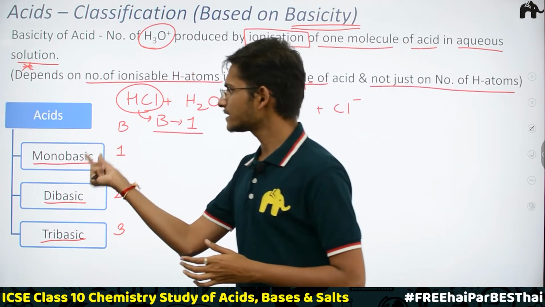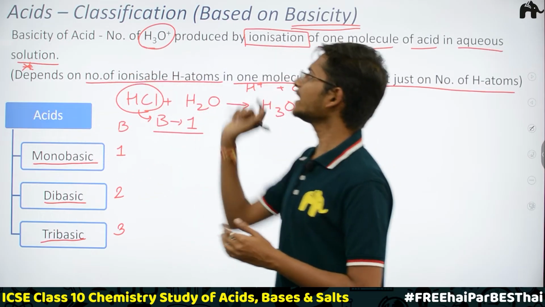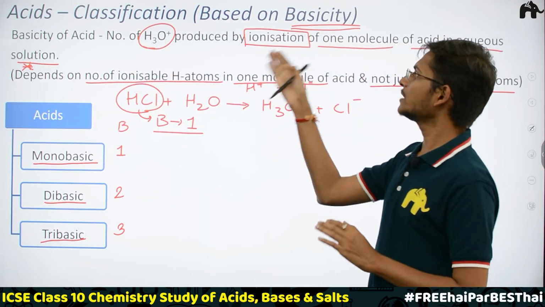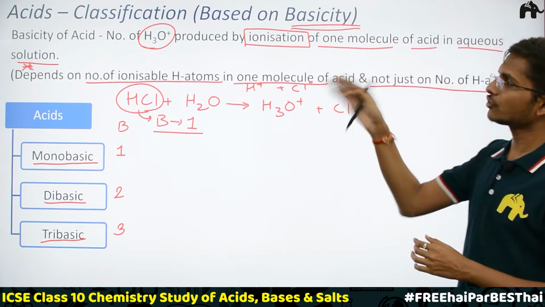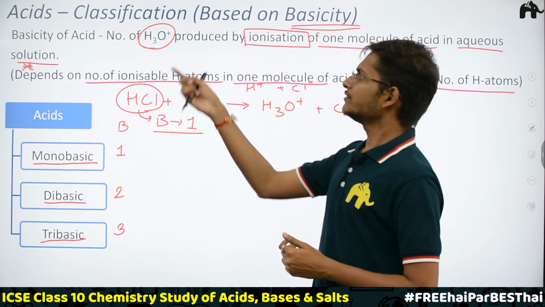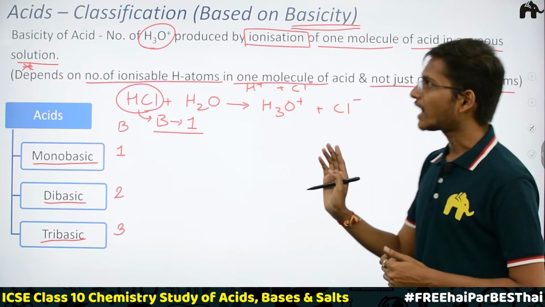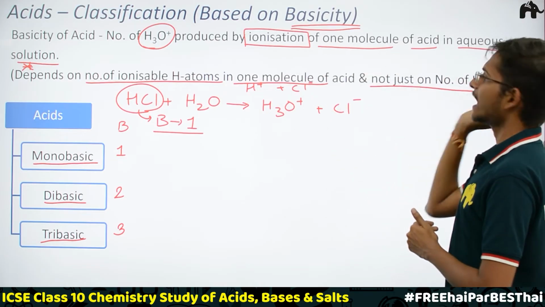So which acid is a monobasic acid? The acid which gives us one H3O plus ion by the ionization of its one molecule in aqueous solution. We can make the definition, right? Dibasic acid, the acid which gives us 2 hydronium ions by the ionization of its one molecule in aqueous solution.